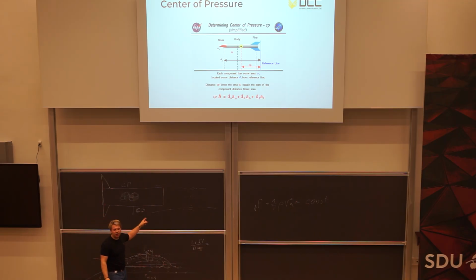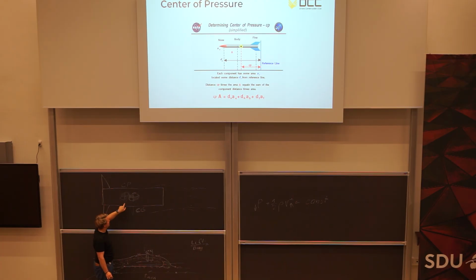So if your center of gravity is in front of the center of pressure, it means one thing. Whatever way you're going to move, not always, because sometimes it depends on the geometry, but it's like a dart. Whatever way it will move, the thing itself will correct itself to follow the center of gravity.